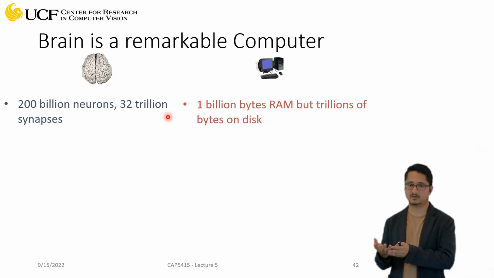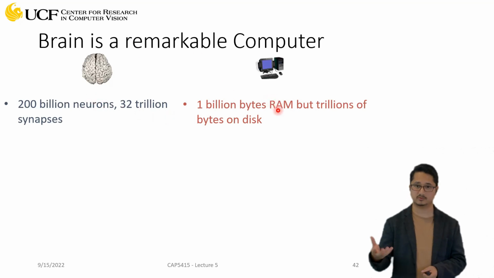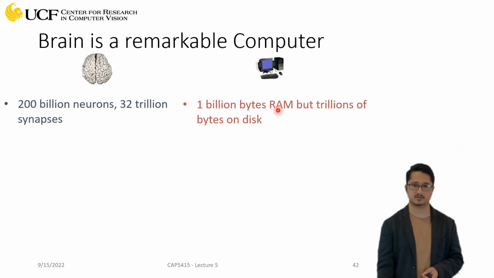Comparing that with a computer system, your neurons are like the RAM you have, which is actually used to perform processing or any kind of computation. And 1 billion is roughly a number. It can be much higher or much smaller depending upon what kind of device you have. And you can have trillions of bytes of disk space where you store your information.